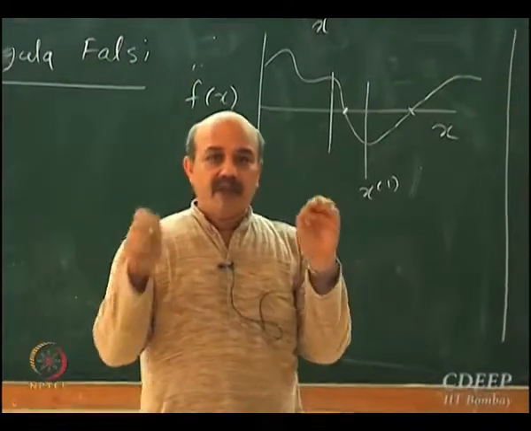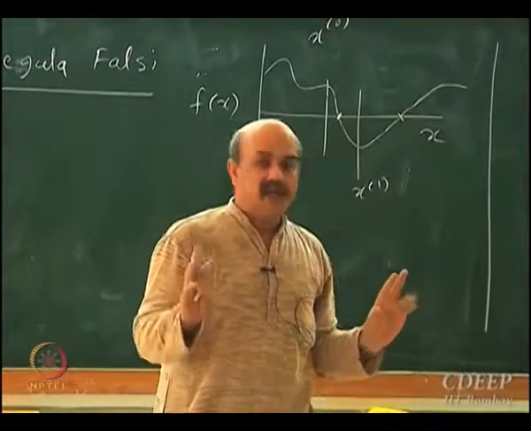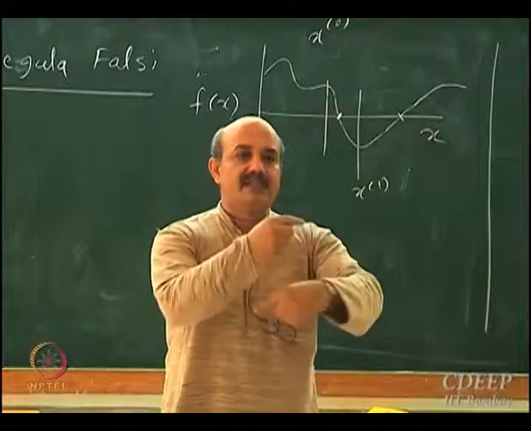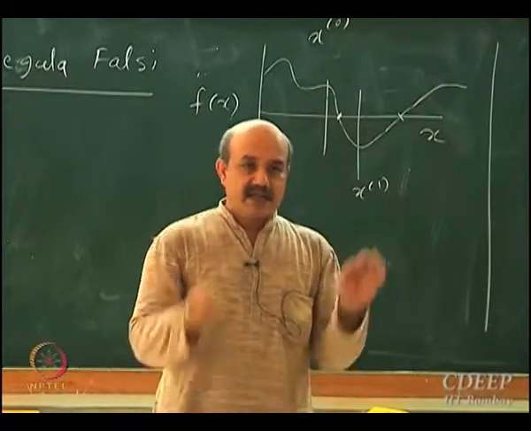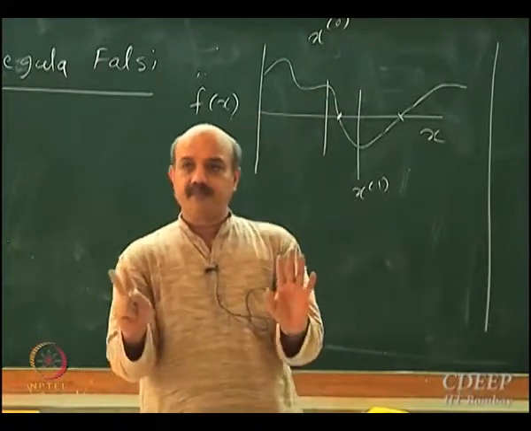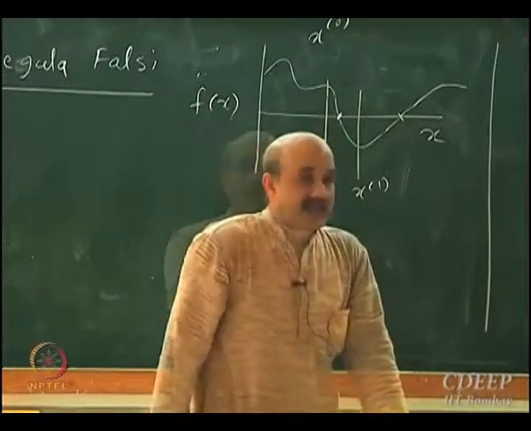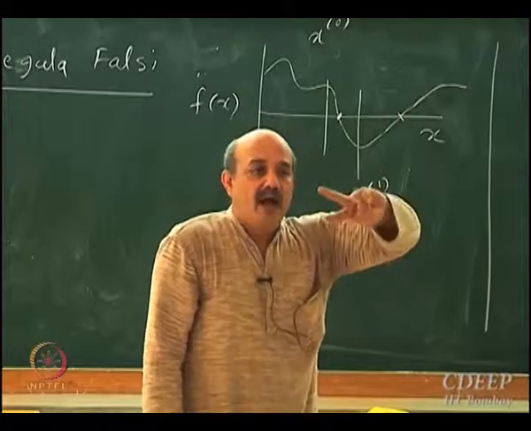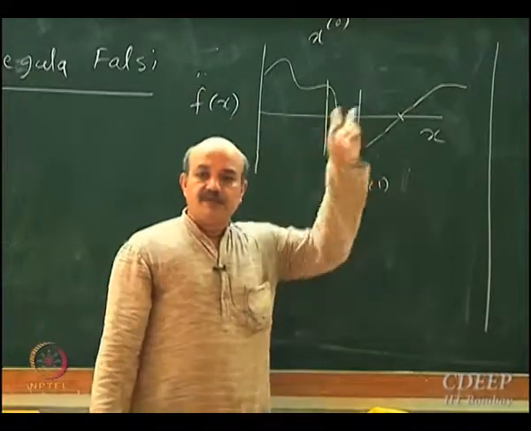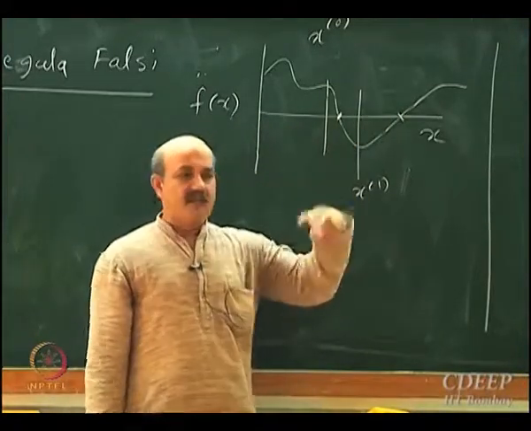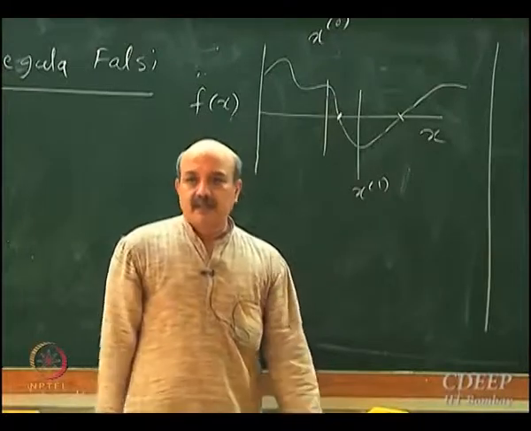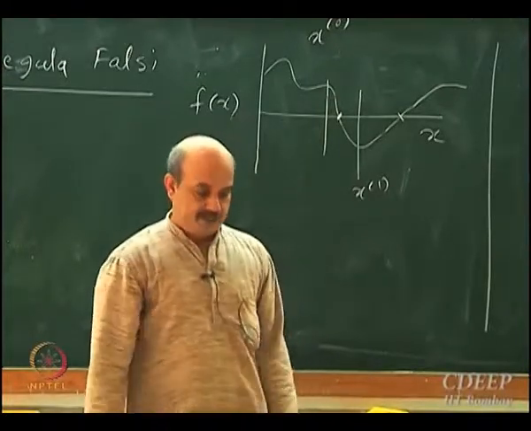Then as it proceeds in the calculations, it tries to maintain this. It tries to maintain the fact that the two successive guesses should always have function values of opposite sign. If that is maintained, then convergence to the solution can be faster.